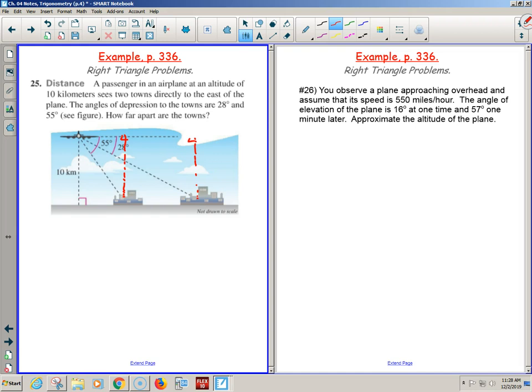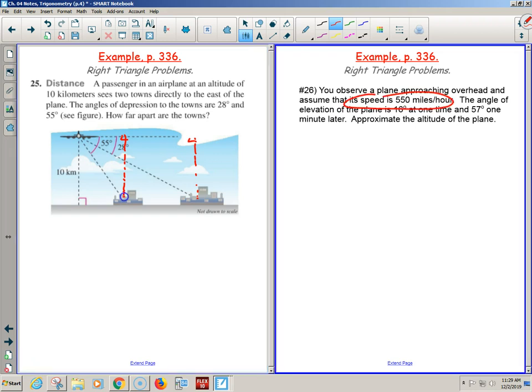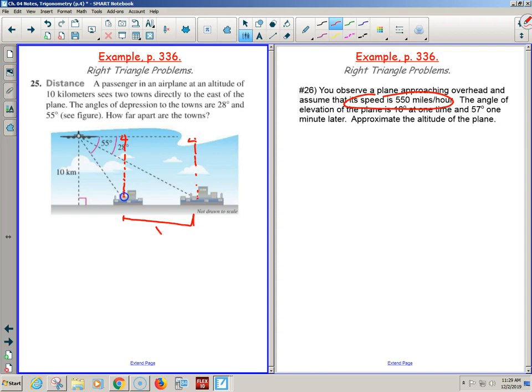I think out of all of them, this was the hardest. I think this was a little weird. That was a little hard, but what we're supposed to be finding is how far apart is that, right? And where are my two triangles in the sky?